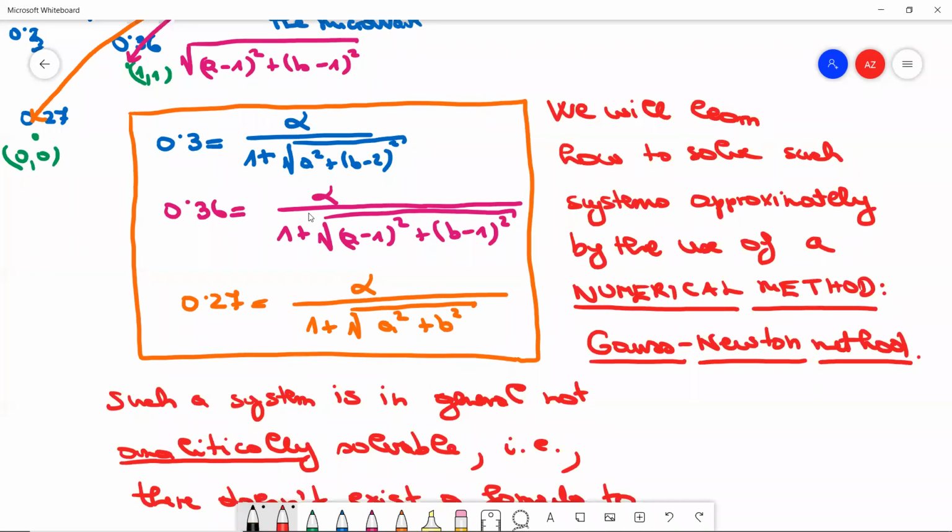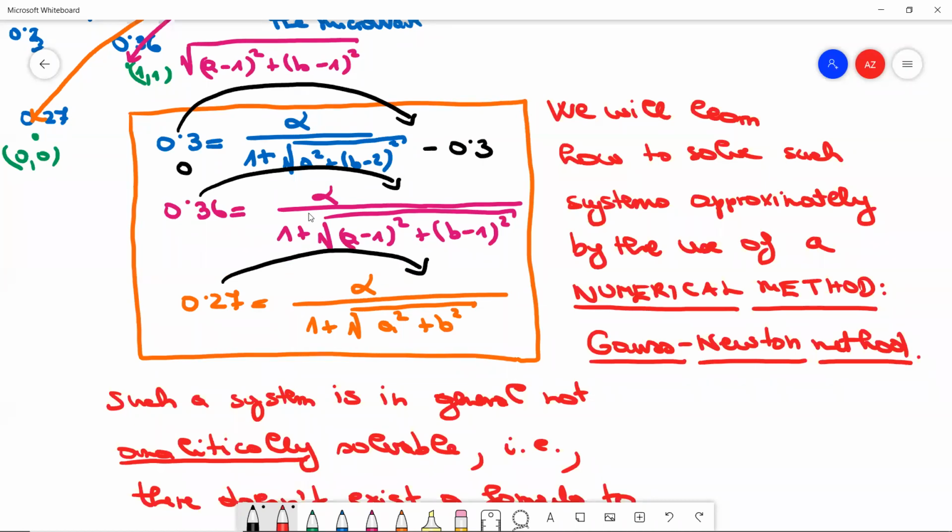So we have this system, what to do to transform it into a system such that on the left side there will be only zeros? This is easy to do. We just put those values on the right-hand side. And so we get here 0 and minus 0.3. And here we get 0 and minus 0.36. And here we have 0 and minus 0.27.